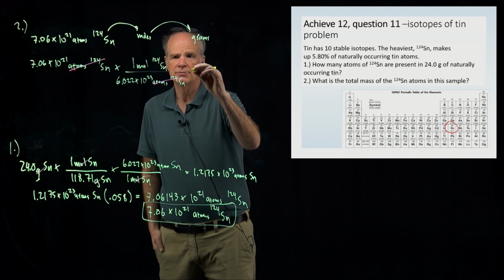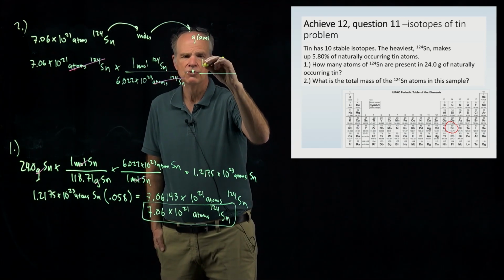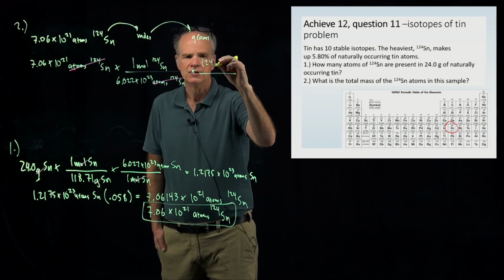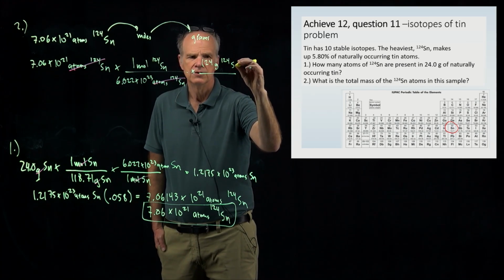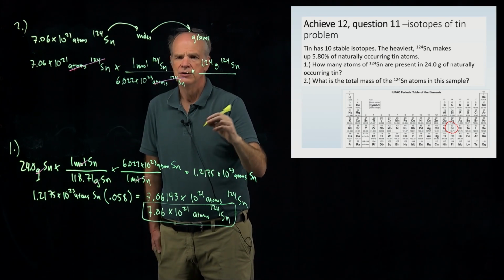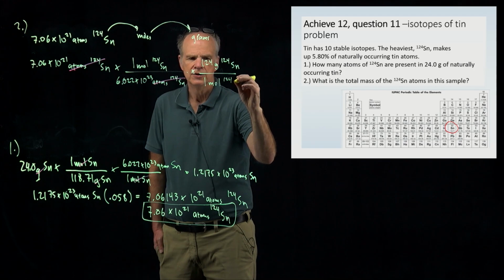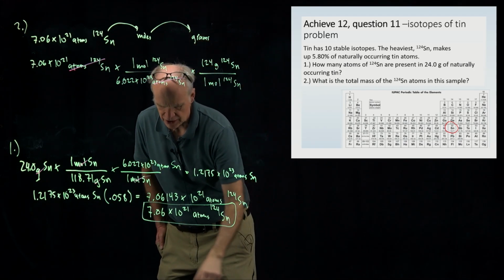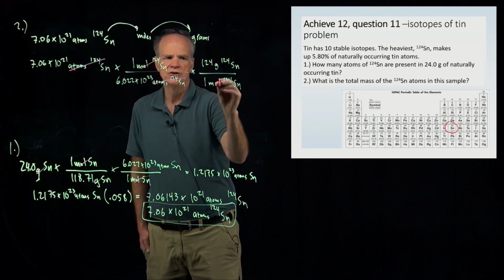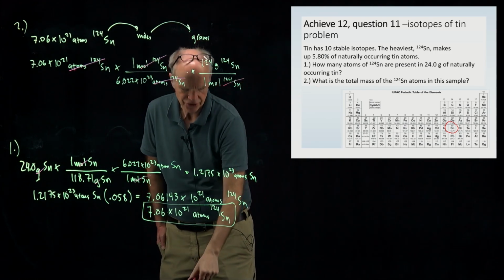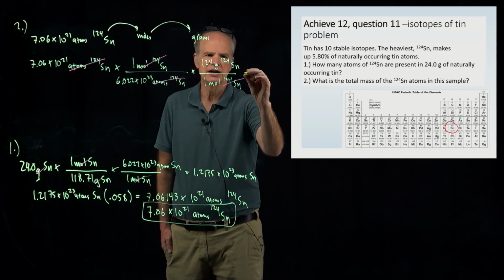So here I'm going to write 124 grams of the tin isotope over 1 mole of the tin isotope. And now you can see that the moles of the tin isotope cancel out, and so now we have an answer in grams.